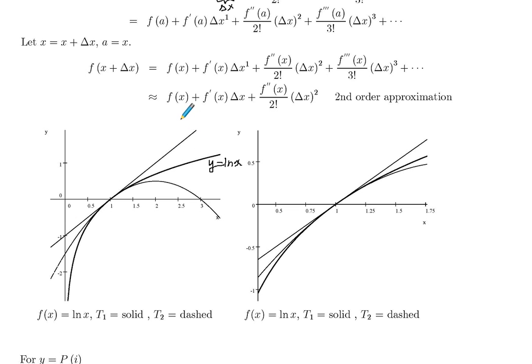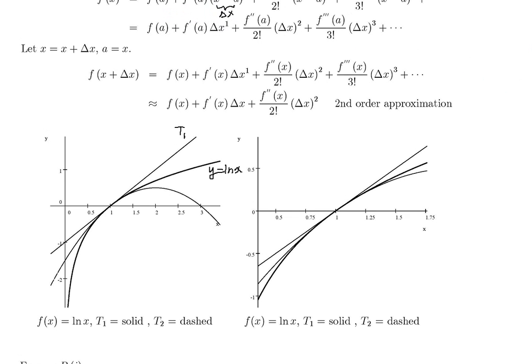When we did Taylor series, we called that T1, which is you take the Taylor series and you only go out to the first derivative. So that would be the first two terms here: f of a plus f prime of a times delta x, or times x minus a. So T1 is just the tangent line.